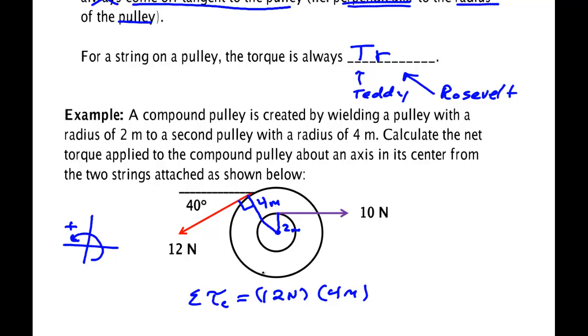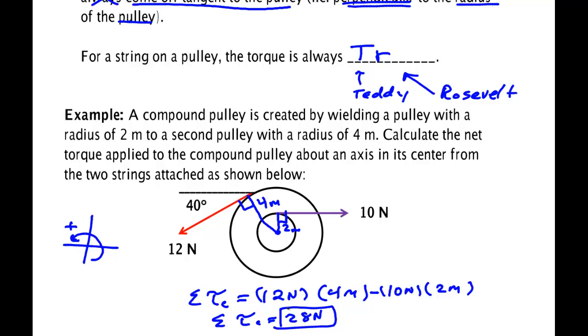They're perpendicular, so it's just tension times radius, and this is causing it to rotate this way, which is plus. And this one here is 10 newtons times 2 meters, and it is also perpendicular, but it's going in the opposite direction. So 4 times 12 is 48 minus 20. The sum of the torques would be 28 newton meters.